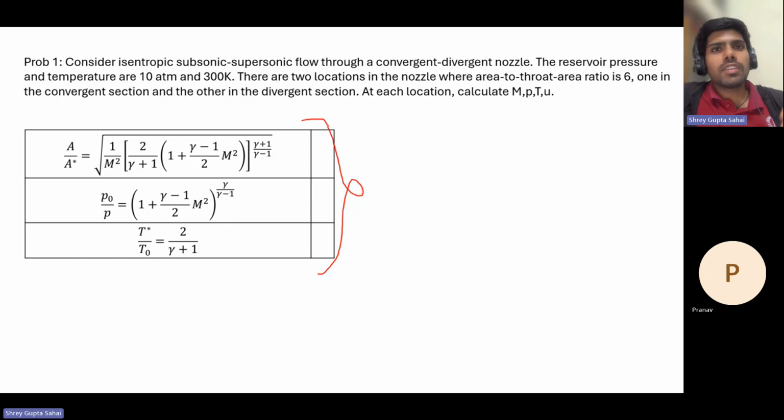But generally, after several iterations, you will reach your solution. So let's try to do that. It's a good point. I'll not plot it today. Let's do it this way, which we discussed.